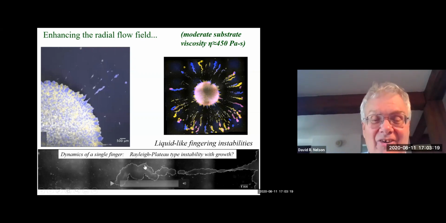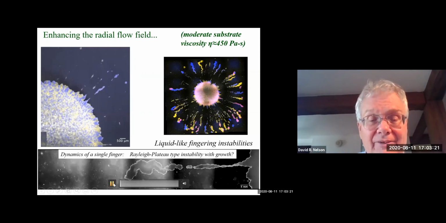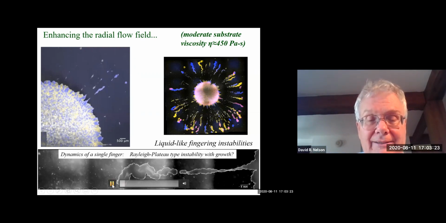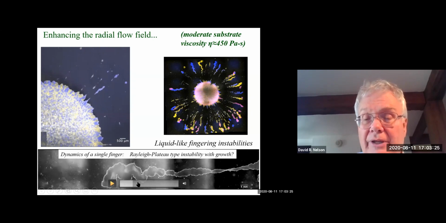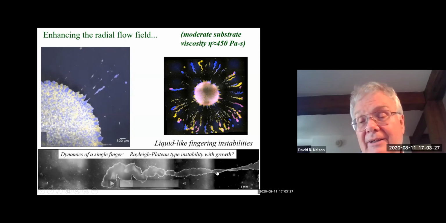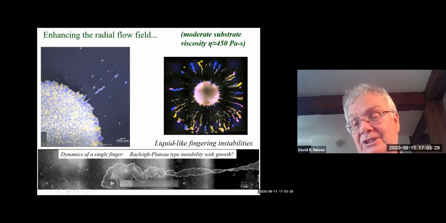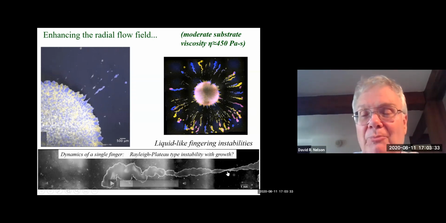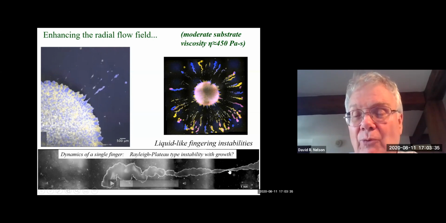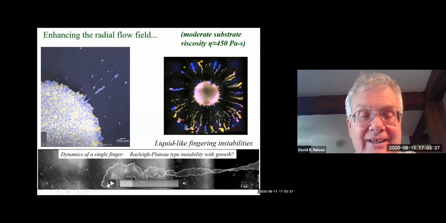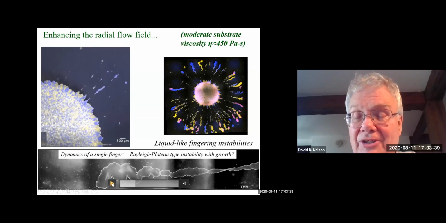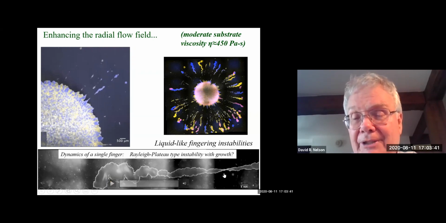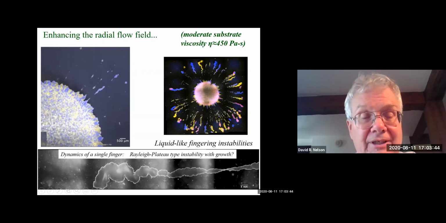And so down here is a very nice white light picture of one of these fingers coming out. Now here we have pinch off. You know, this is the kind of thing that Sid Nagel and Michael Brenner used to be interested in when you have water dripping out of a faucet. And, okay, here's the pinch off. It sort of looks like the beginnings of a Rayleigh-Plateau instability.